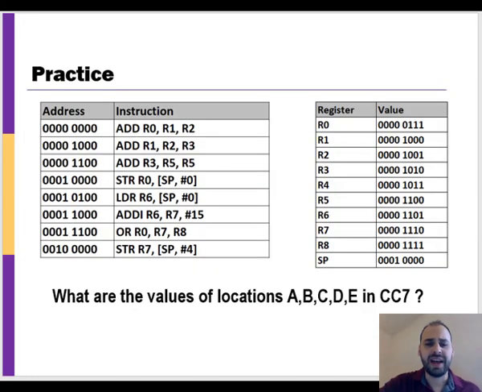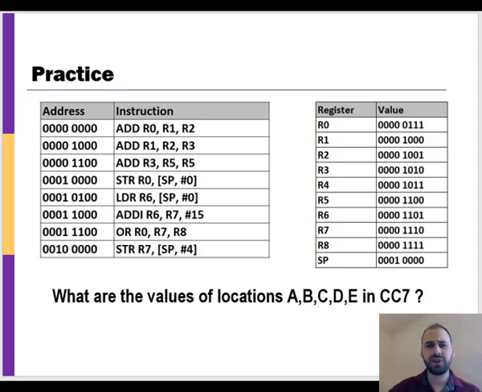Just to recap, we're trying to figure out those values in the pipeline data path at a particular instance in time, at clock cycle 7. One of the first steps is to figure out, at clock cycle 7, which instruction is in stage 1, stage 2, stage 3, stage 4, and stage 5.